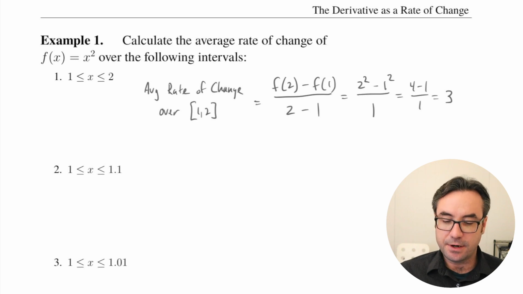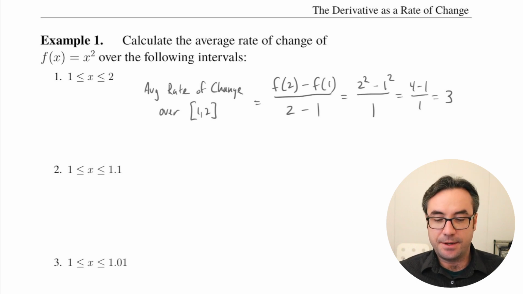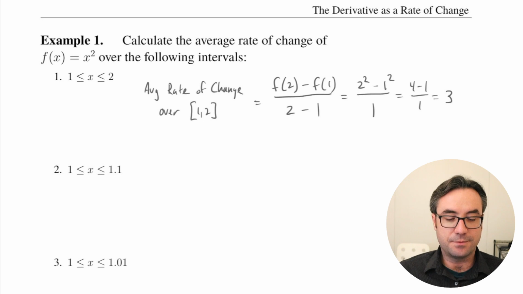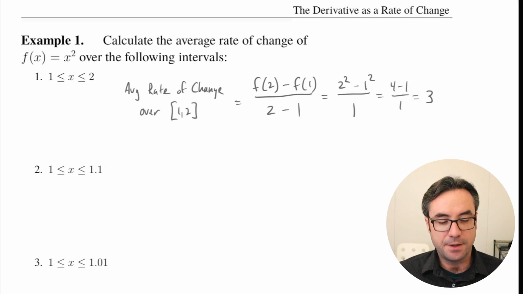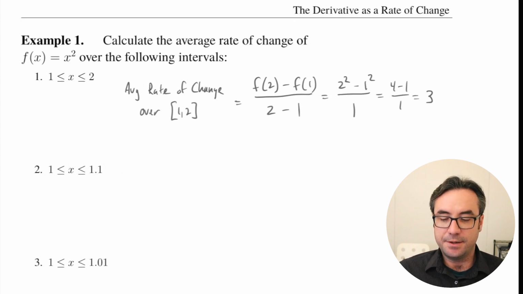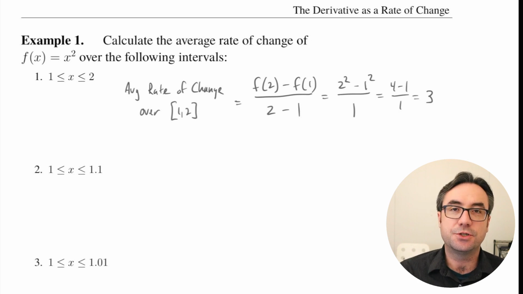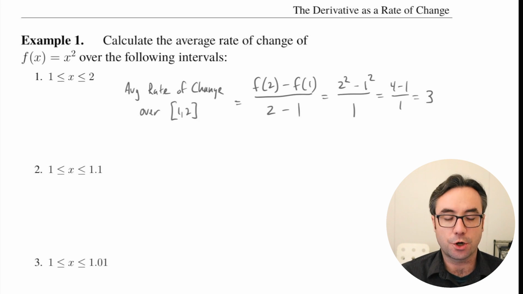All right, so that's our average rate of change. And if you want to throw some units on, it might be helpful to think of having some units here. So what's going on is our output changes 3 units per unit change in x.